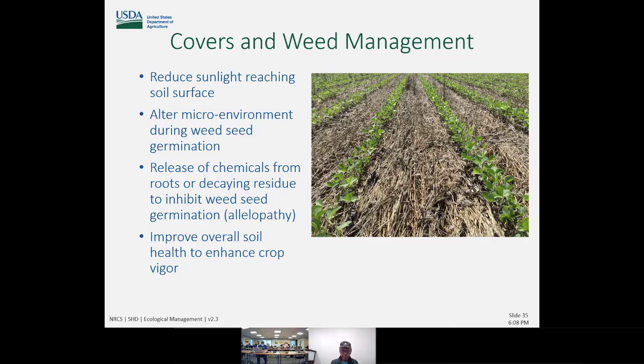One experiment done here in California shows that when we use Sudan grass or sorghum Sudan grass, it can produce allelopathic effects. Allelopathic effects act against weeds, but they can also affect the subsequent cash crops.